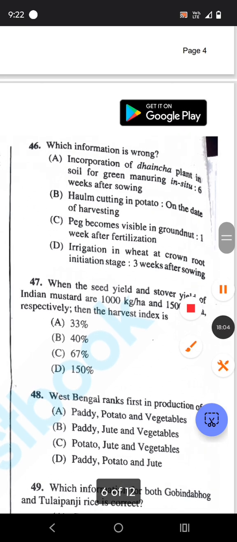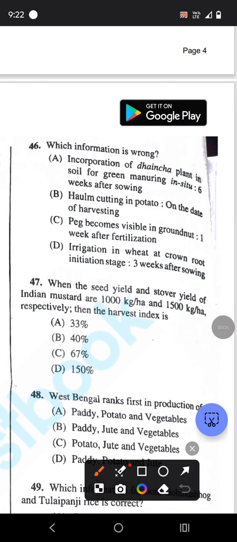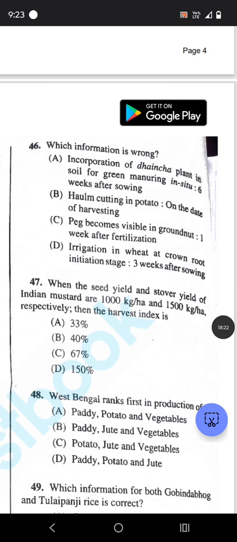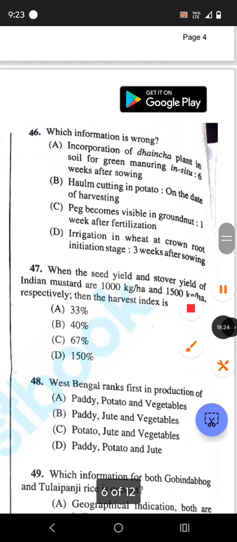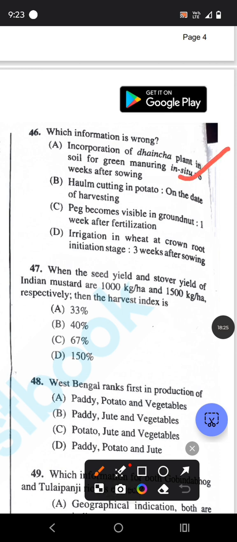Question number 46. Which information is wrong? Incorporation of Dhaincha plant in soil for green manuring in situ at 6 weeks, that is true. Haulm cutting in potato: not on the date of harvesting.